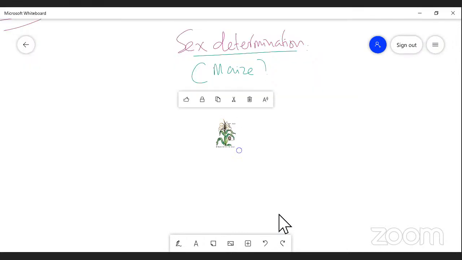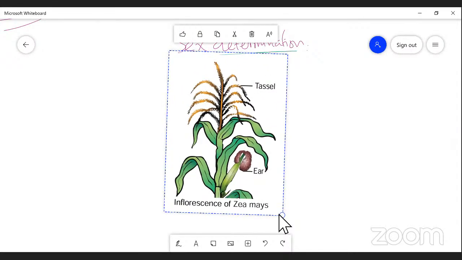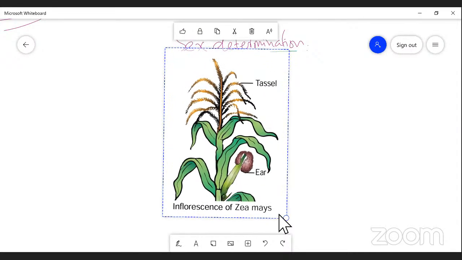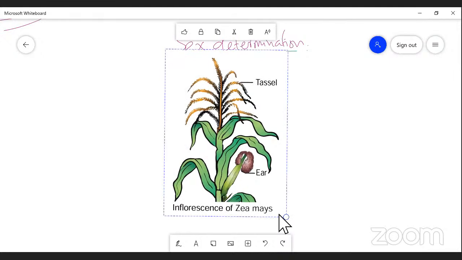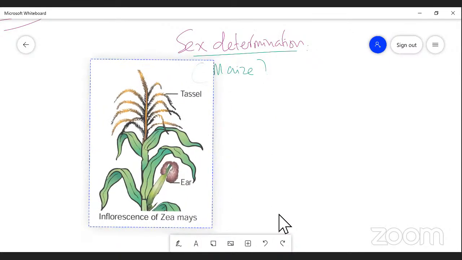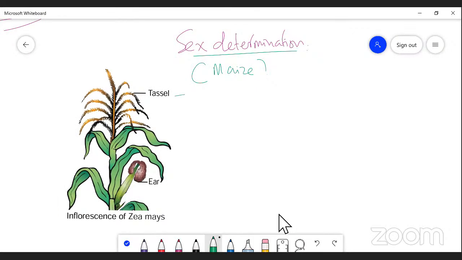The picture shows the location of male and female inflorescence. This is a male plant in which the male inflorescence develops from the shoot apical meristem, that is considered to be the male inflorescence, right?